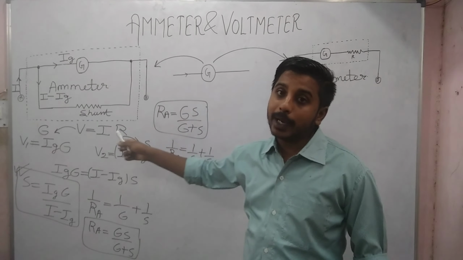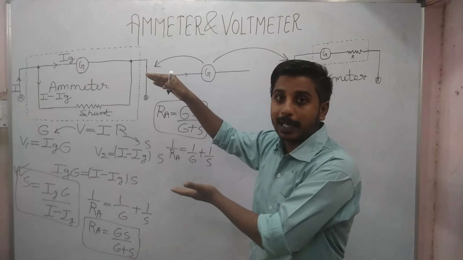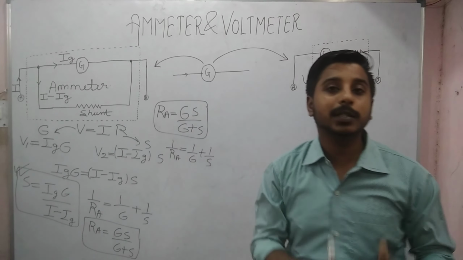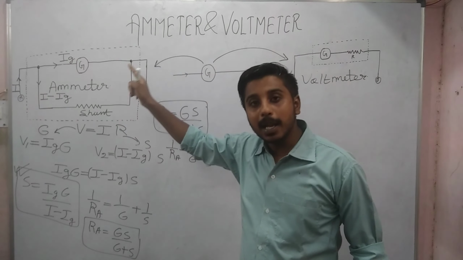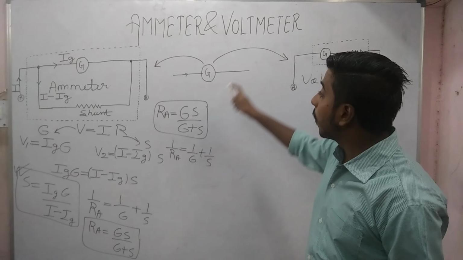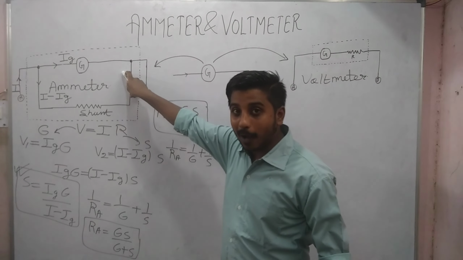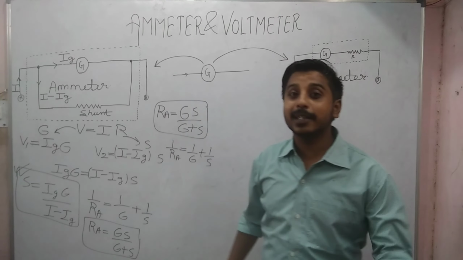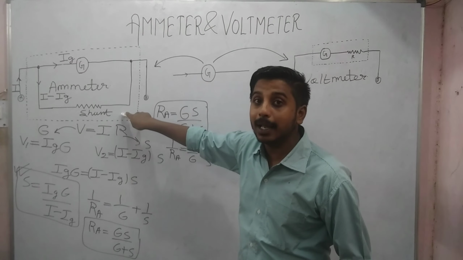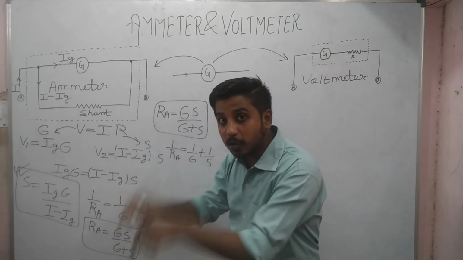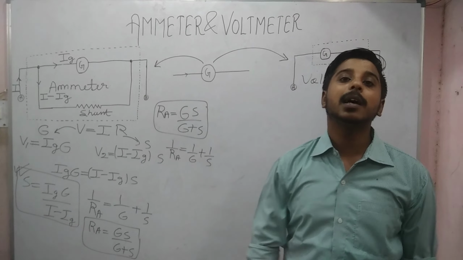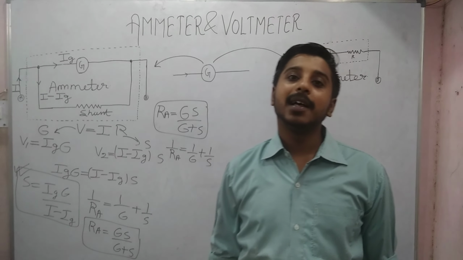And how to connect this whole arrangement, that is the whole ammeter, into a circuit? It is connected in series. To convert galvanometer into ammeter, a small resistance S is connected in parallel, and this whole arrangement is called ammeter, which is connected in series in the circuit.